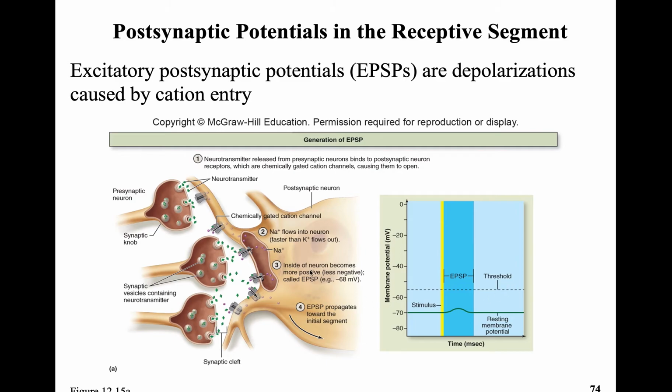So the second neuron here, the postsynaptic neuron, will not reach an action potential. And we'll talk about that as we go forward. So you have to have threshold in order to move forward. So we're basically stimulating the second neuron, but it's fizzling away because it doesn't reach threshold. Okay, that's EPSP. Next slide.